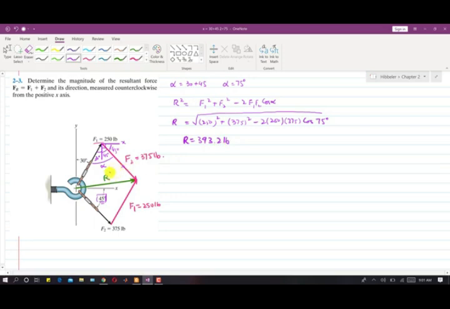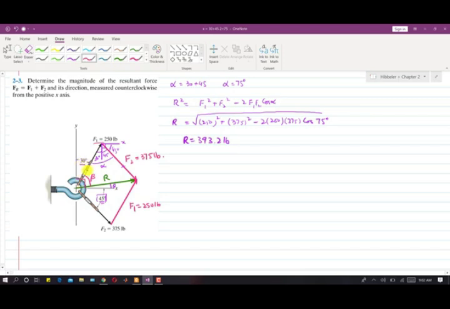Now we are asked to find the angle of this resultant with the positive x-axis. So we are required to find this angle. Let's suppose this angle is theta, so we are required to find this theta. Let's suppose that this angle is beta. If we somehow find this beta, then this whole angle is 90 degrees.